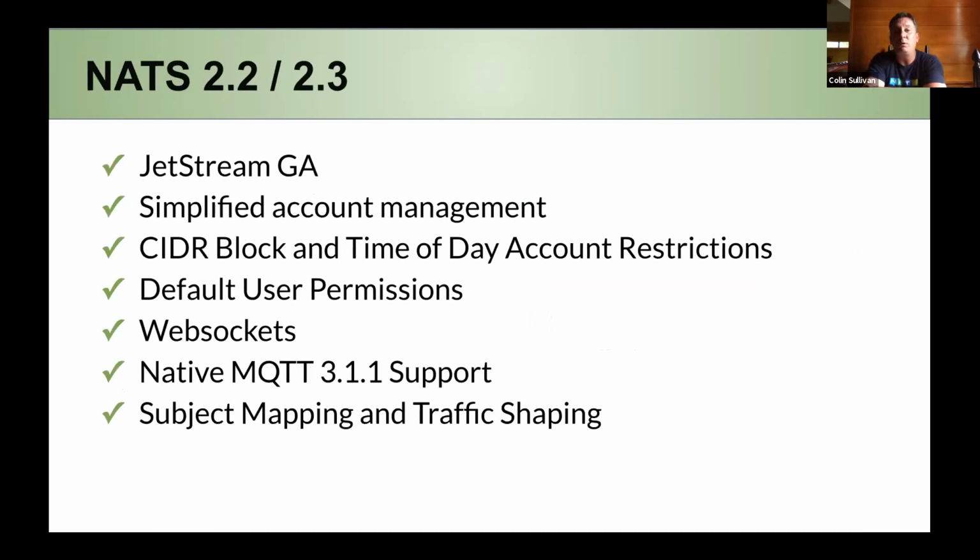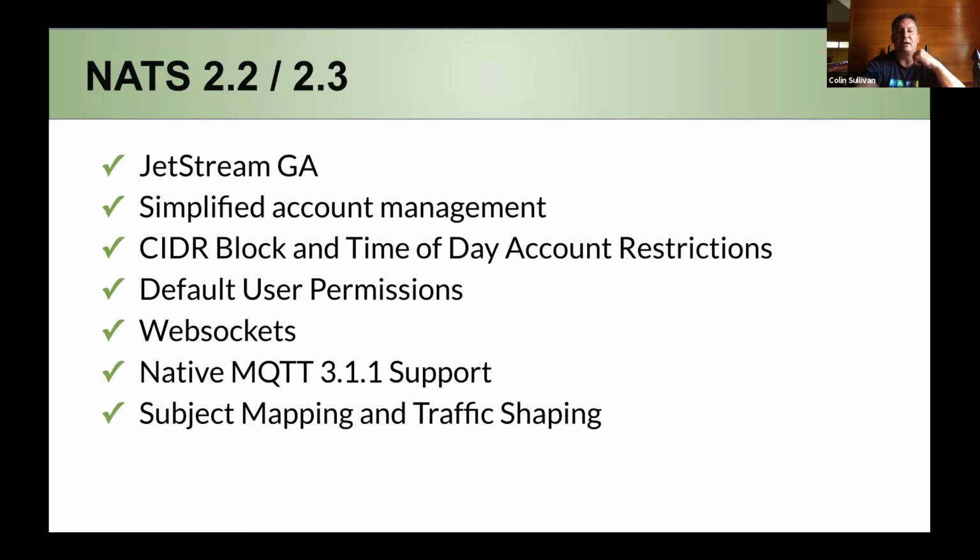We've had a couple really big releases. For those of you that know NATS and have been following, in NATS 2.2 and 2.3, we had Jetstream Go GA. We have simplified account management, where if you're using the ED25519 JWT style account credentials with NATS, you can upload them to the servers, and the servers automatically take care of sharing these.